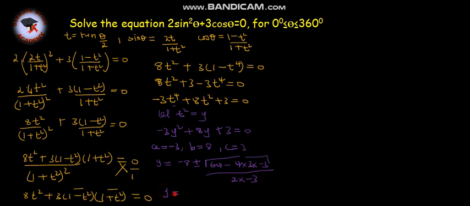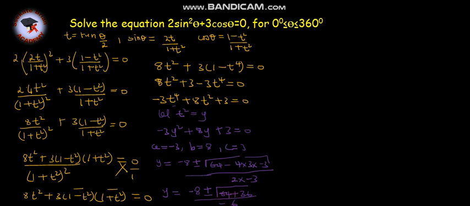Therefore y will be equal to negative 8 plus or minus root of 64 plus 4 times 3, that is 12, 12 times 3, that is 36, since a negative times a negative gives a positive, over 2 times negative 3, which is negative 6.